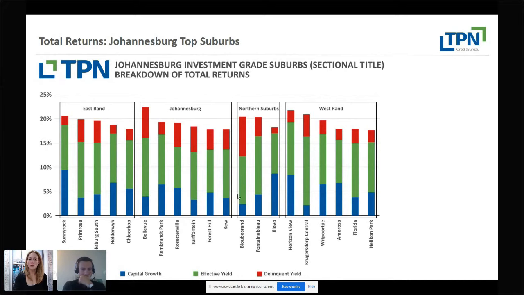Your capital growth, because you don't get your capital growth until you exit, in this Blaubostrand is around about 2%. In other words, what you would buy it for 10 years ago, you would be able to get 2% per annum back in capital growth. That is less than inflation. So your capital is depreciating.